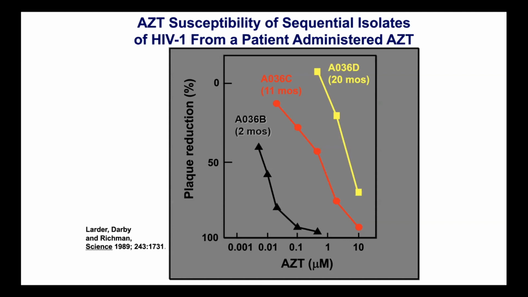Because my colleagues and I were interested in drug resistance based on experience with herpes drugs, we took sequential samples from patients here in San Diego and showed that over time, the virus isolated from patients became progressively more resistant to AZT, and that was associated with the progressive accumulation of mutations in the resistant virus.